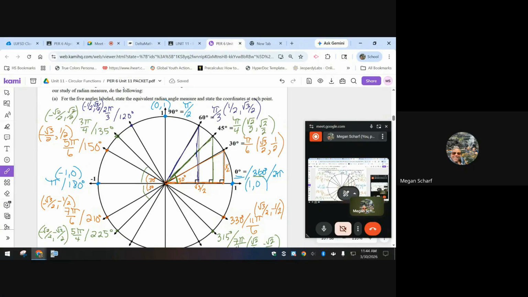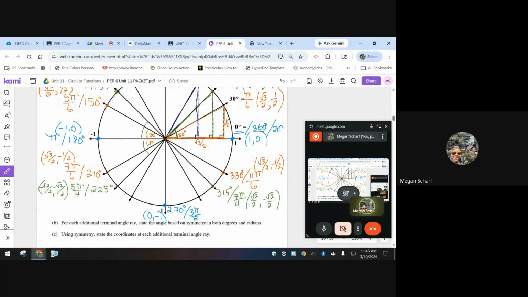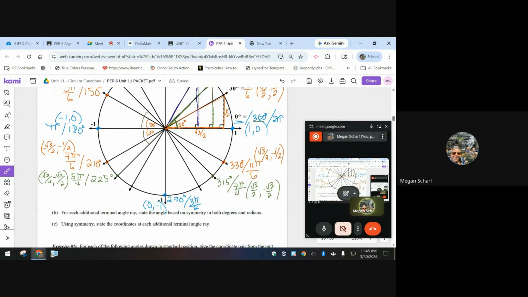All right, pop down to third quadrant. When you're ready: 180 plus 60 is 240. Change that to radians. What are we, pi over 3? Should be 4 pi over 3.